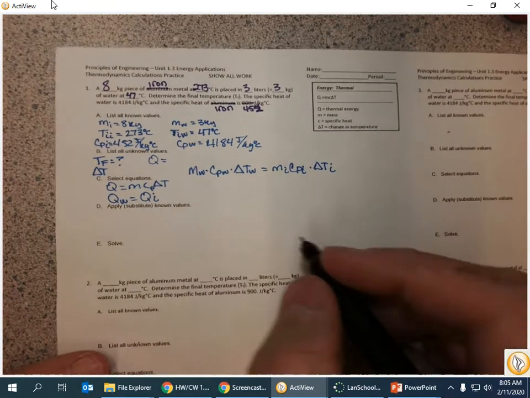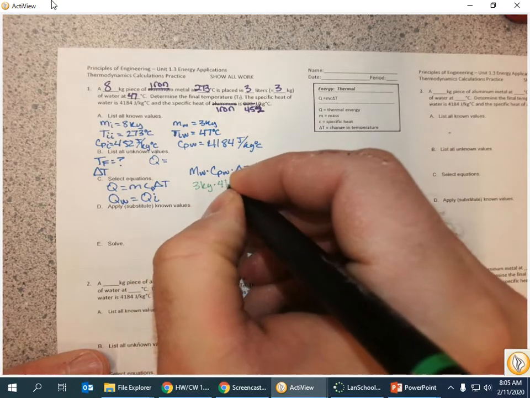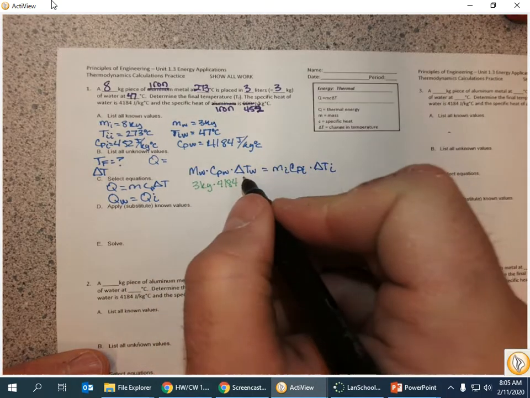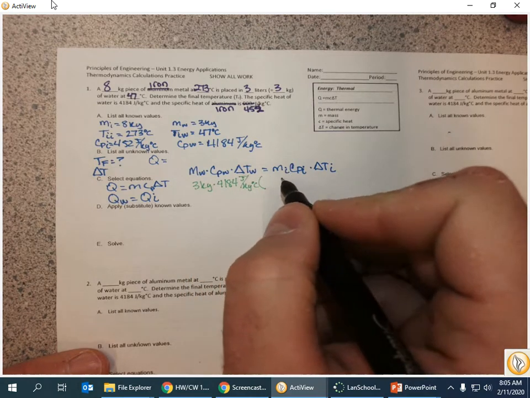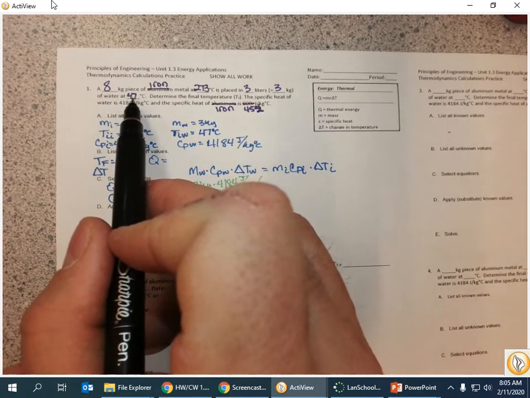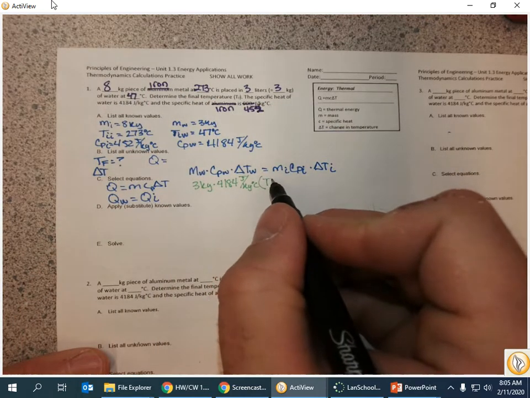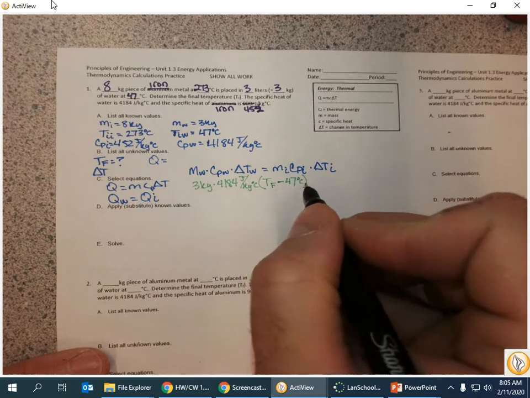We already know it's 3 kilograms. The specific heat of the water is 4,184 joules per kilogram degrees Celsius. And the change in temperature of water, well, the water is pretty cold, 47, and it's going to go up from there. So I'm going to say it's the temperature final minus 47 degrees Celsius.